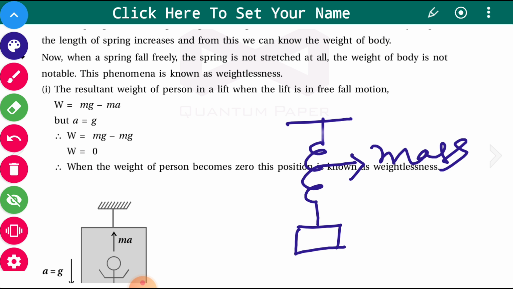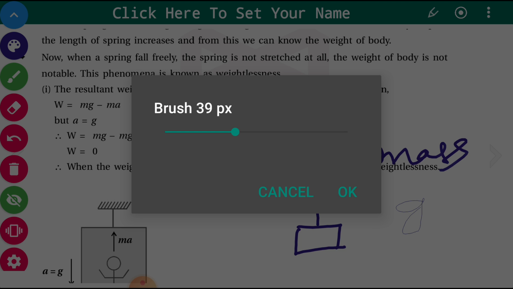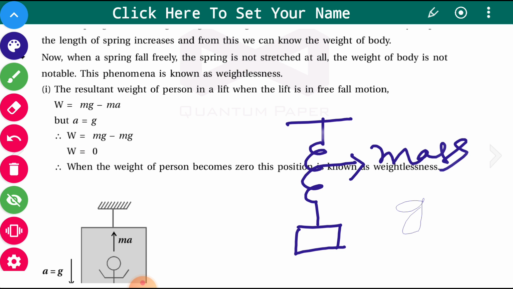This will fall down. The motion of this spring has an acceleration which is equal to the gravitational acceleration. The motion is accelerated, and this acceleration is nothing but equal to the gravitational acceleration.